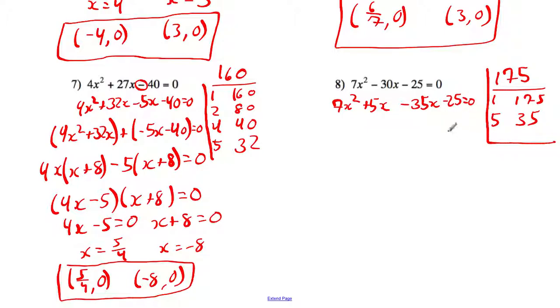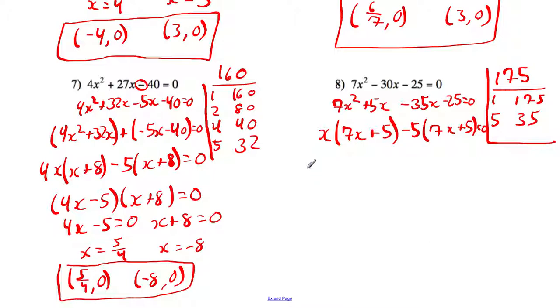This is just the AC method. Not particular about the method. Here, if I factor out the greatest common factor, which is an x, I get 7x plus 5. And for these, the greatest common factor would be a minus 5, and I'm left with a 7x plus 5.